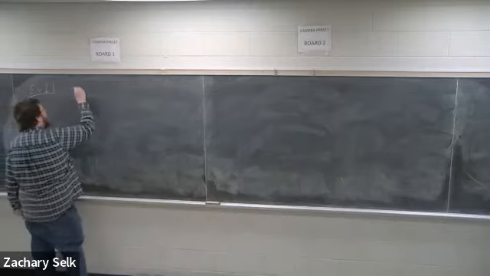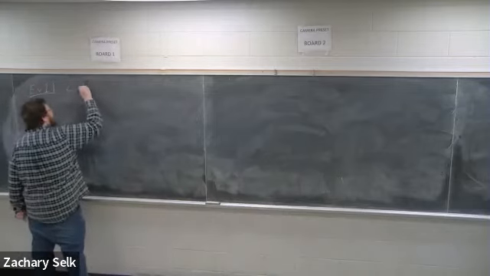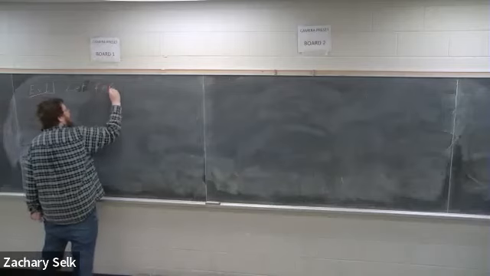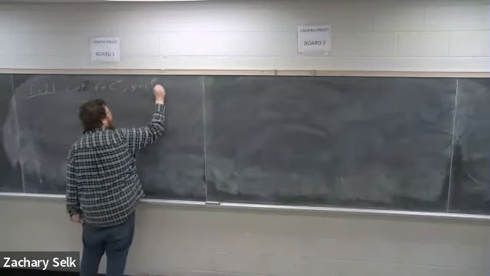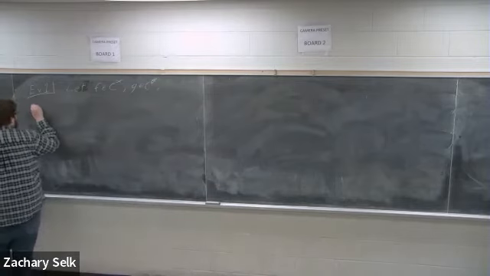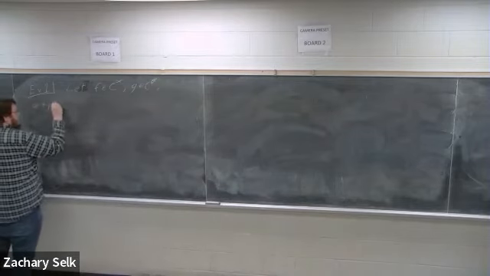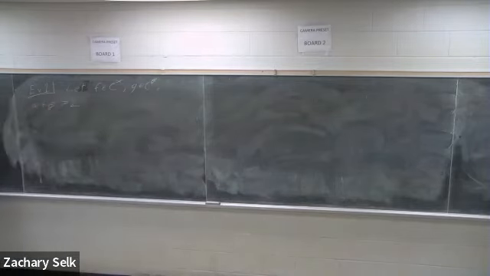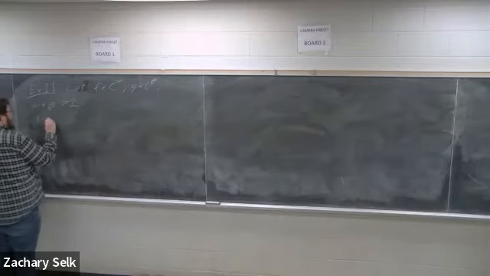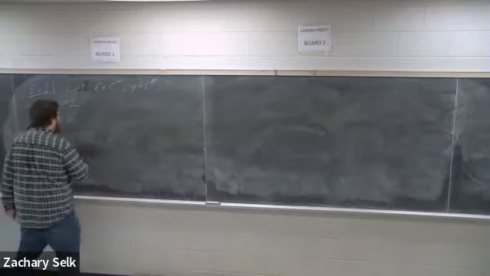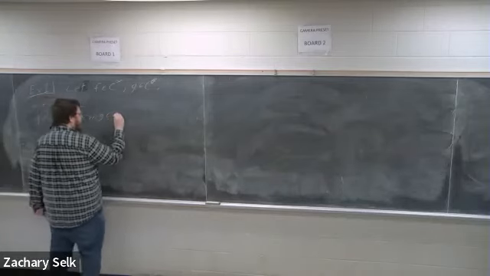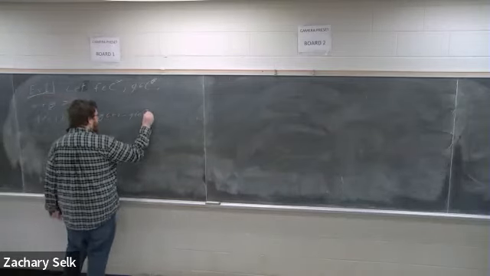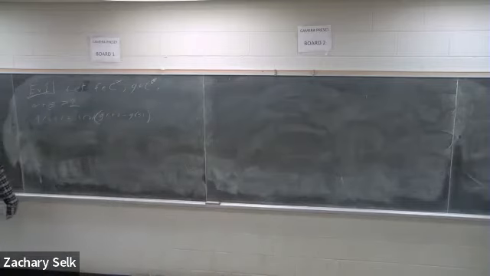Let F be in C alpha, G be in C beta, with alpha plus beta greater than 1. Define A of ST to be F of S times G of T minus G of S.